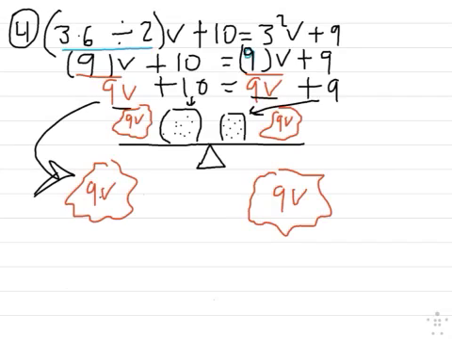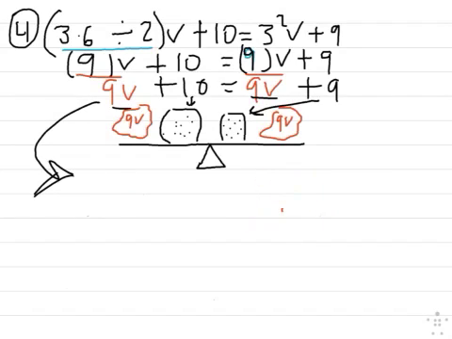Now, what do we have? Let me erase this down here now. So we've got the 9v boulder on the left side, and we've got 10 things. And on the right side, we've got the 9v, the same thing, and the 9 things. So what do we end up actually having?